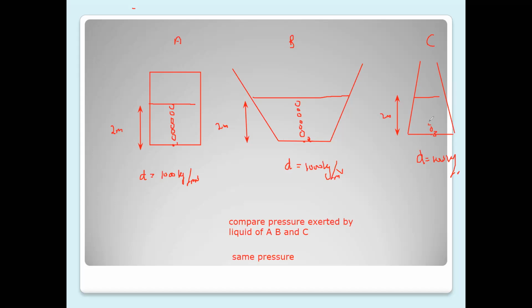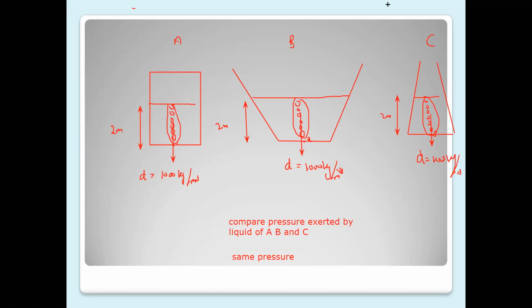Above point C, it will also have 6 particles, because it's the same kind of liquid. Each liquid has the same density, which is 1000 kilogram per meter cube. So there are the same number of particles above A, above B, and above C. If they have the same number of particles, they will exert the same force on a unit area. So if the force on a unit area is the same, the pressure will be the same.